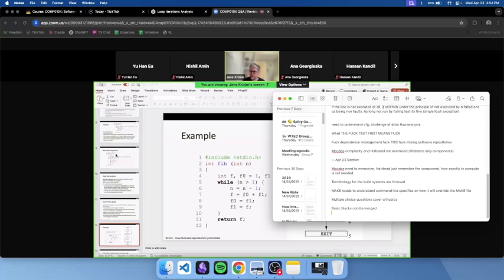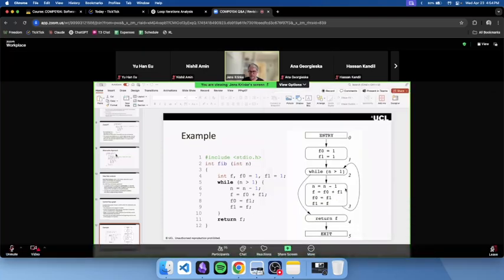You have the return statement that is executed, and you have two situations here in which you have a single incoming edge to a basic block, which is basic block 1 and basic block 3.